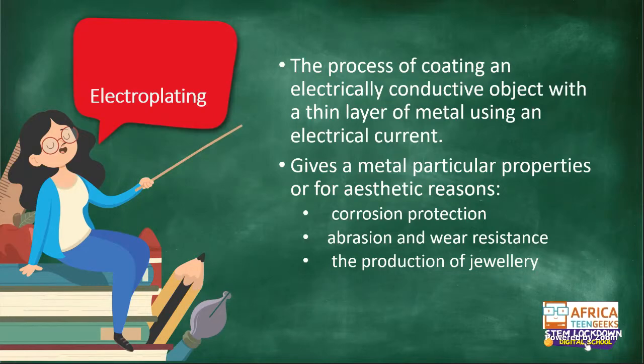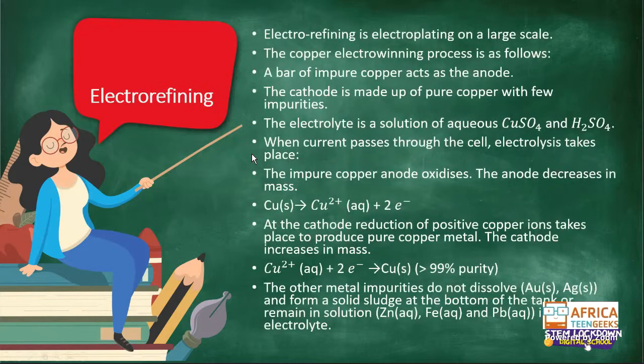It is normally done to protect your other metal from corrosion, to give things wear resistance, or just to make jewelry. So you get gold-plated jewelry or silver-plated jewelry, and it's cheaper than buying the real thing. So it's kind of like a mass production thing. And the big application of it that you specifically have to know is called electrorefining.